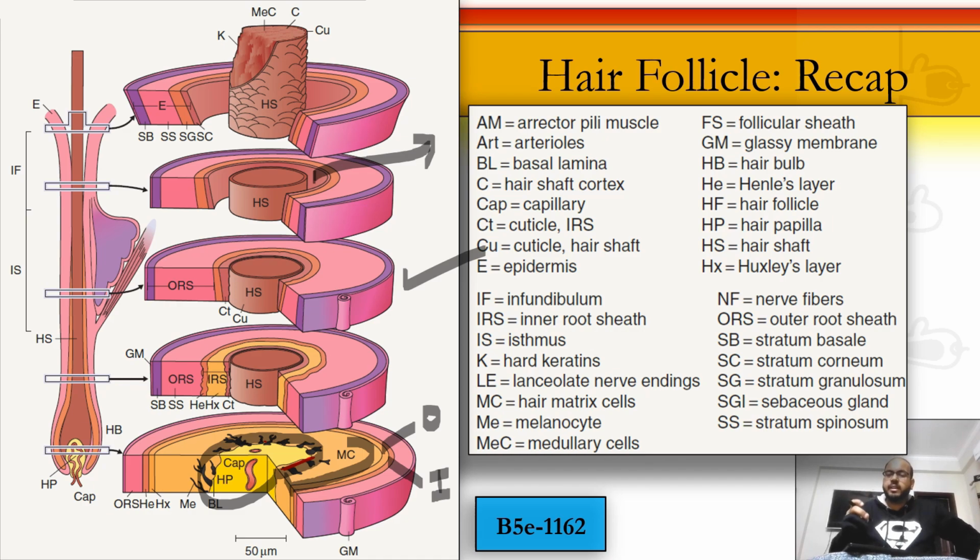If the granular layer is present, it is epidermal keratinization. That means the cyst is formed from structures above the level of the isthmus, so it's more likely an epidermoid cyst. If you don't see the granular layer, that means it has undergone tricholemmal keratinization. So it is below the isthmus, and you have a tricholemmal cyst. Clear? Let's move forward.